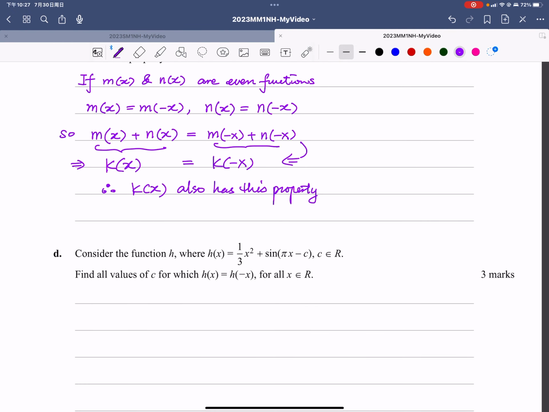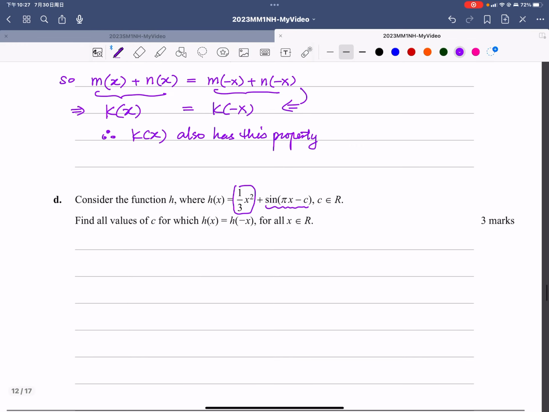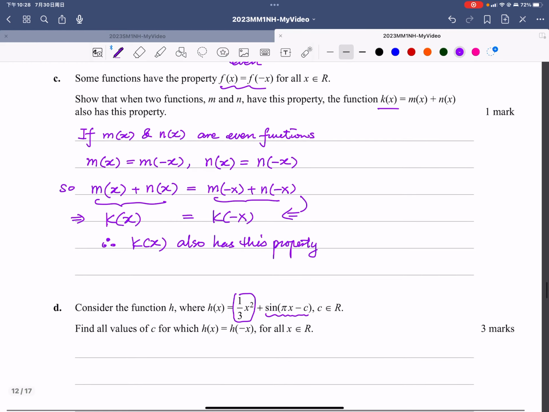Finally, consider the function h, where h of x is 1/3 x squared, which is a quadratic, plus sine pi x minus c. Find all values of c for which h of x equals h of minus x. This is exactly using part c.